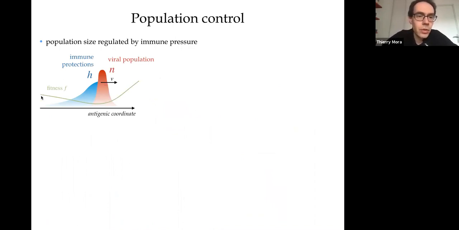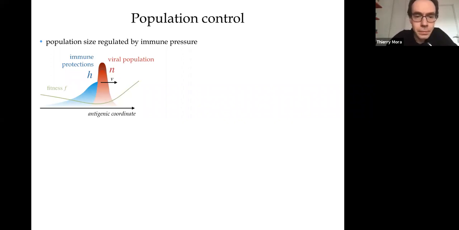So to illustrate how that works, I've projected this wave onto one dimension, the antigenic coordinate. So you have the viral population density n, and then the immune protection density h. And this immune protection will create this fitness gradient. So now imagine that you increase your viral population by some amount.